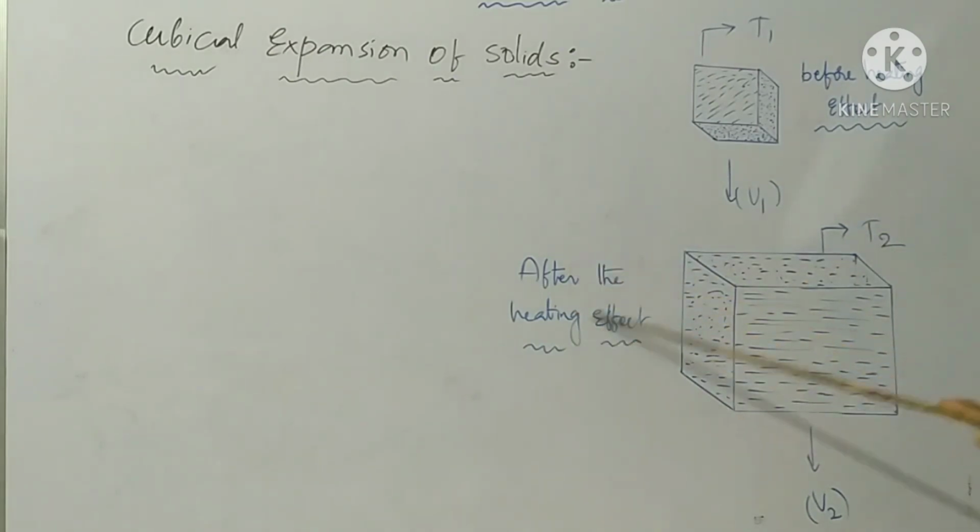After the heating effect, the material temperature is T2. This is the metal cuboid and its volume is V2. We gave some heat to this material, so it expands.